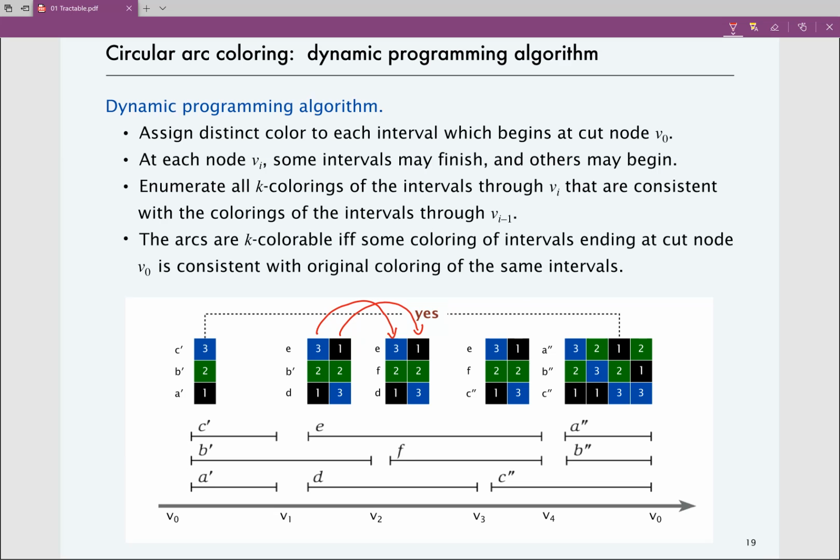So if we used this coloring over here, then once we move to V3, E and F still have to be colored 2 and 3, and that means this C double prime here has to have color 1. Likewise, if we used this other coloring over here, then when you move to V3 you have to have this coloring. So at V3, there are also two colorings which are consistent with the colorings at V2.